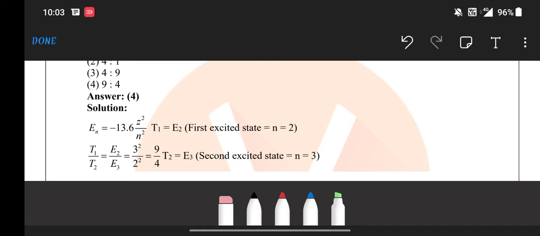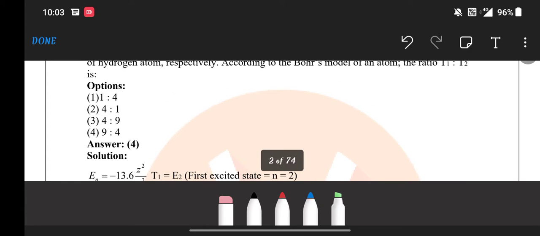Therefore T1 by T2 is equal to 3 square by 2 square, that is 9 by 4. So 9 is to 4 is the ratio we will get. Therefore option 4 is the correct answer for question number 3.